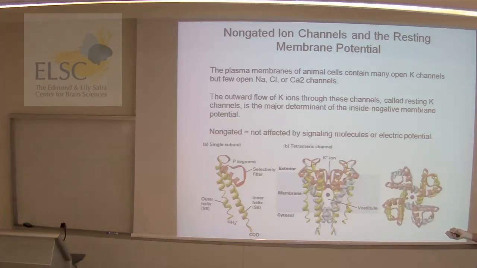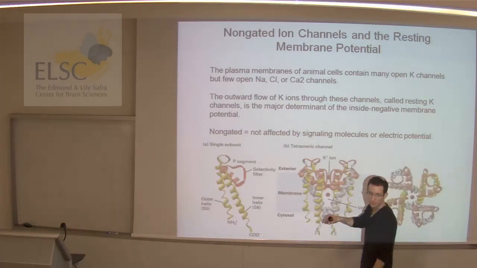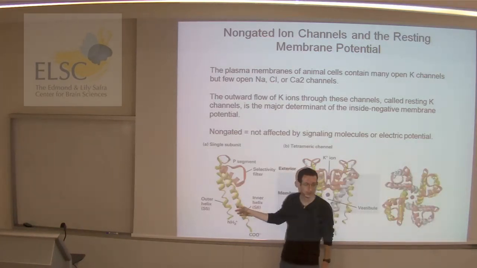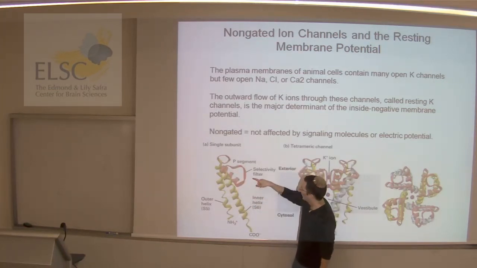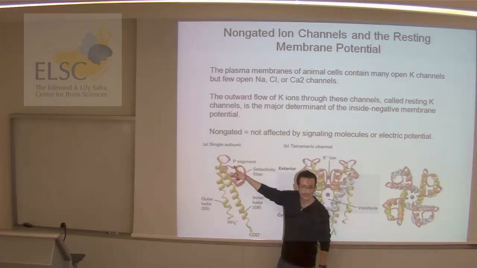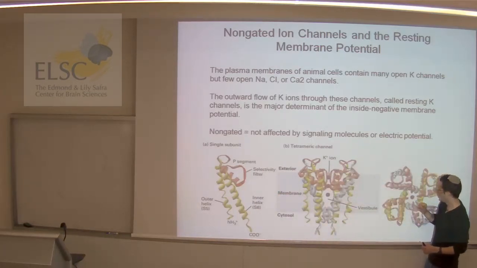It's a tetramer built of 4 identical units, so it's a homotetramer. Each subunit has 2 alpha helices linked together by a loop, which has a region in it, the P segment. The P stands for the pore, because it bends into the cavity of the channel.